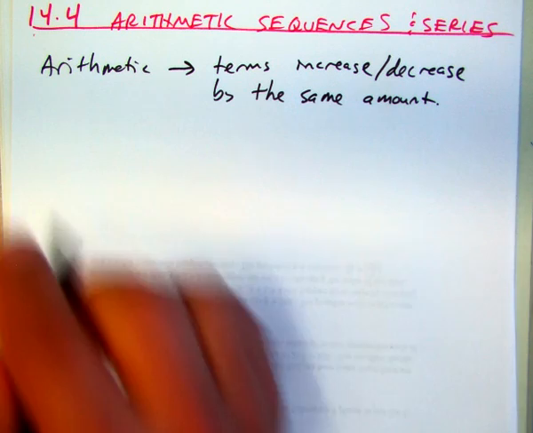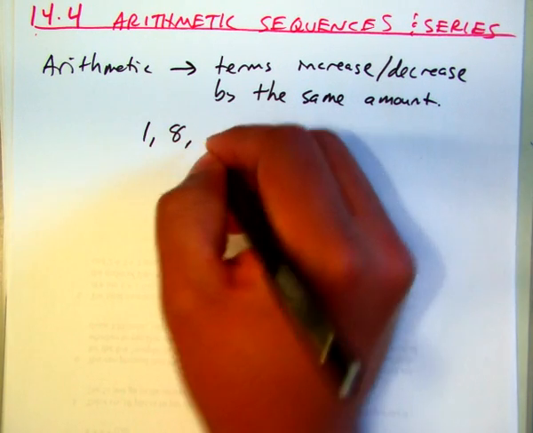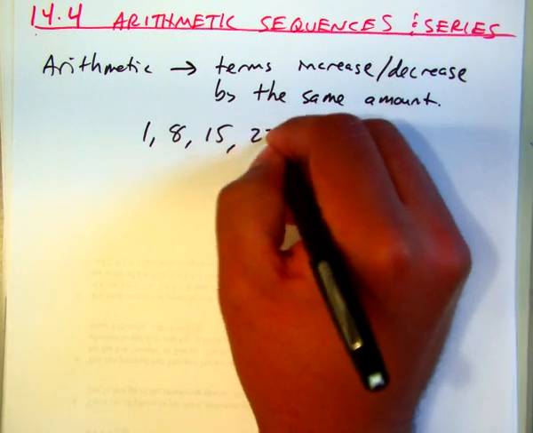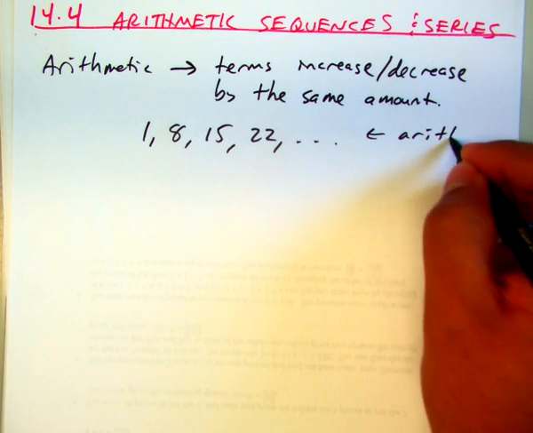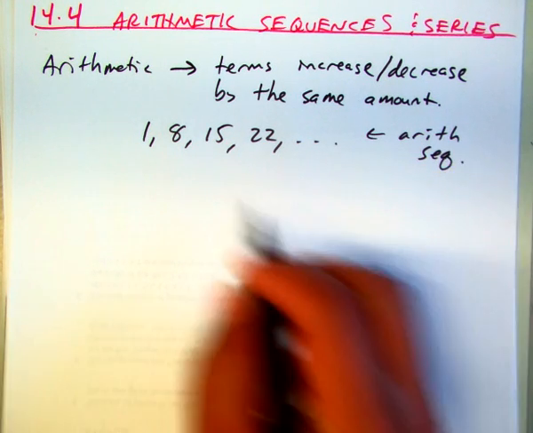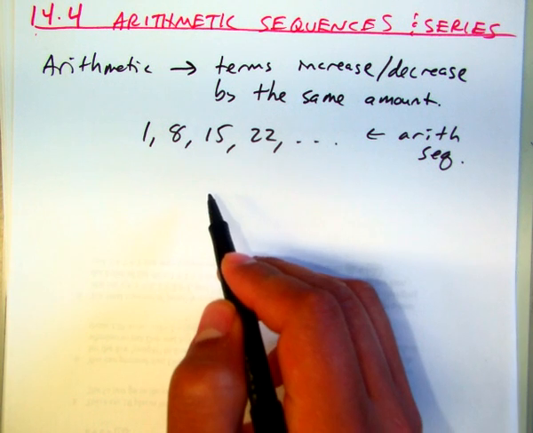So, for instance, 1, 8, 15, 22. This is an arithmetic sequence because each term seems to be going up by 7.